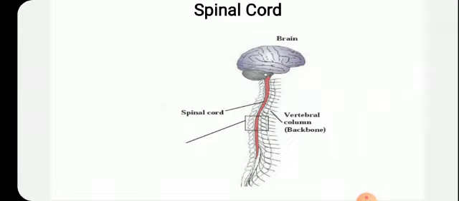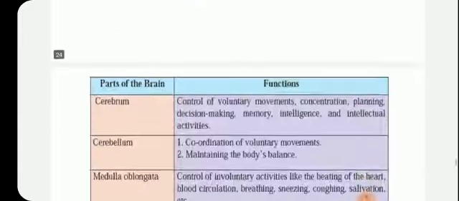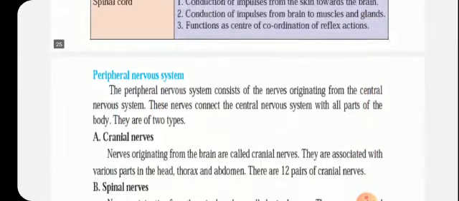Now we will move towards the peripheral nervous system. Peripheral nervous system is a system which consists of the nerves originating from the central nervous system. Children, central nervous system means the brain and the spinal cord.